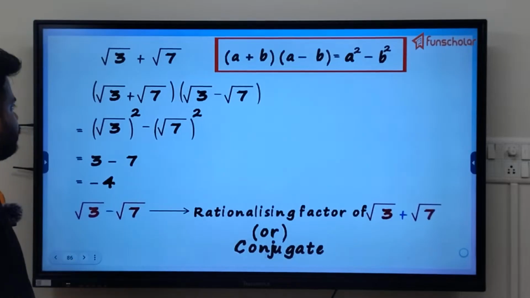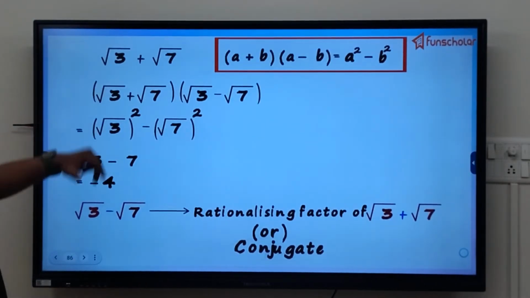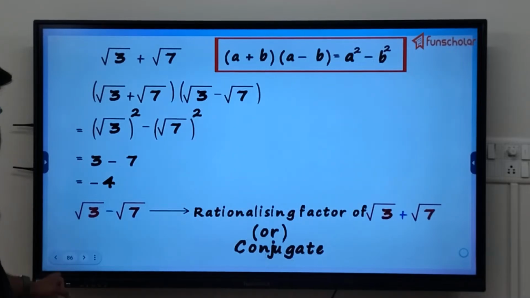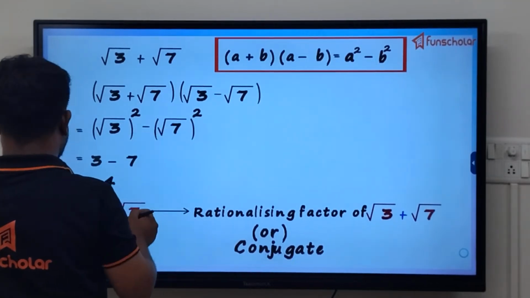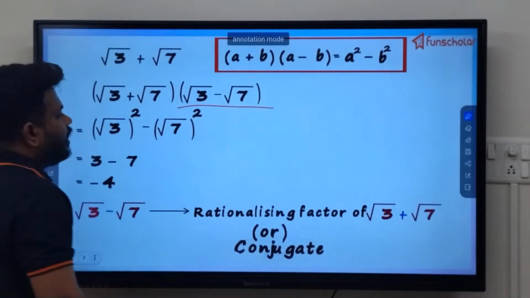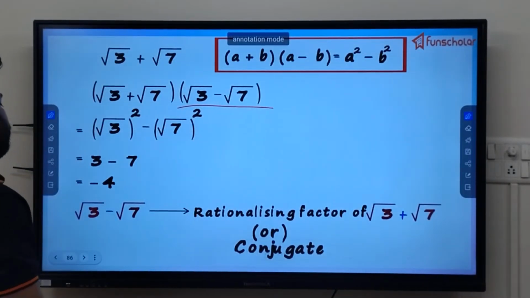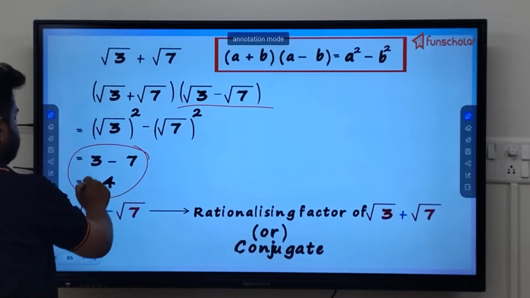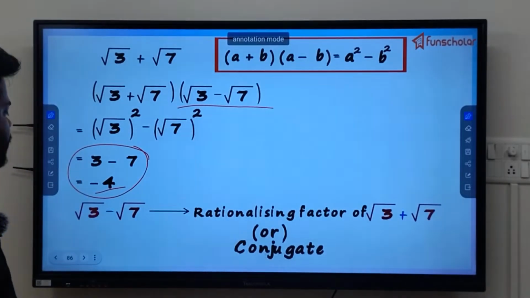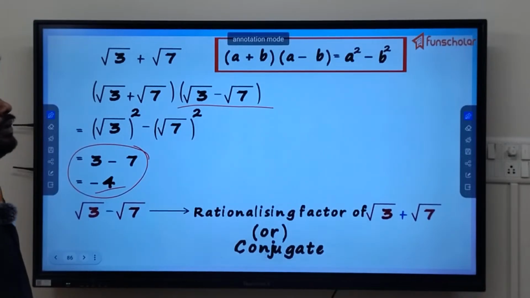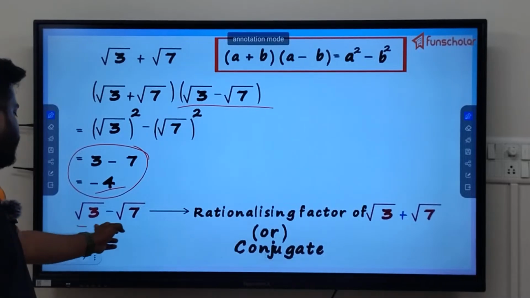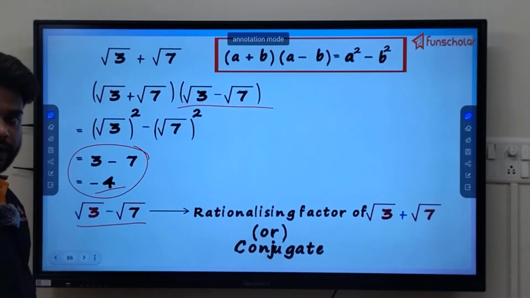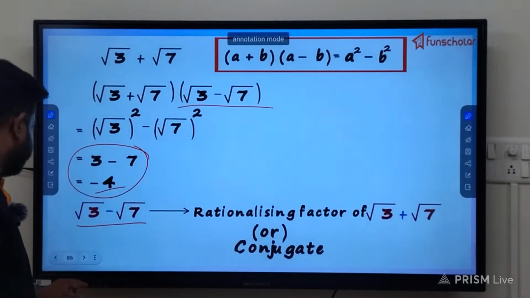For this case, as we have already solved in the previous slides, to solve this one we just have to multiply the conjugate of this to make it look like a rational number. So minus 4 will be the answer, and the rationalizing factor will be root 3 plus root 7, the conjugate. It is the conjugate or rationalizing factor, as I have already told before.